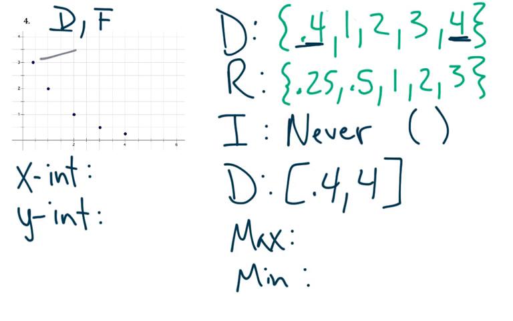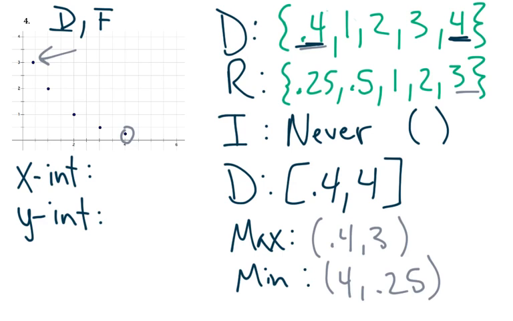Well, maximum would be right there at, what is that? 3 for the y value, 0.4. So max would be 0.4, 3. Minimum, that lowest, would be 4 and 0.25. Do we have an x or y intercept? Nope. So we're good, and we move right on.